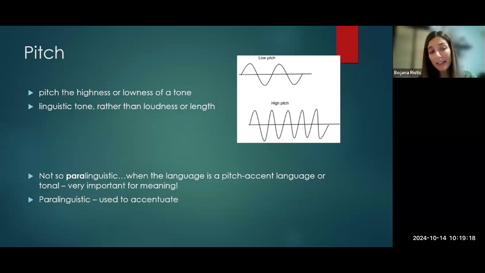Now, I wrote here that it is not so paralinguistic in some languages, because there are some languages where the pitch, how I pronounce a word, can change the meaning. I will give you an example soon. These are called pitch accent languages. My native language is Serbian. So if we say something that is written the same, I can say it one way, or I can say it another way. It is going to be two different things, right?